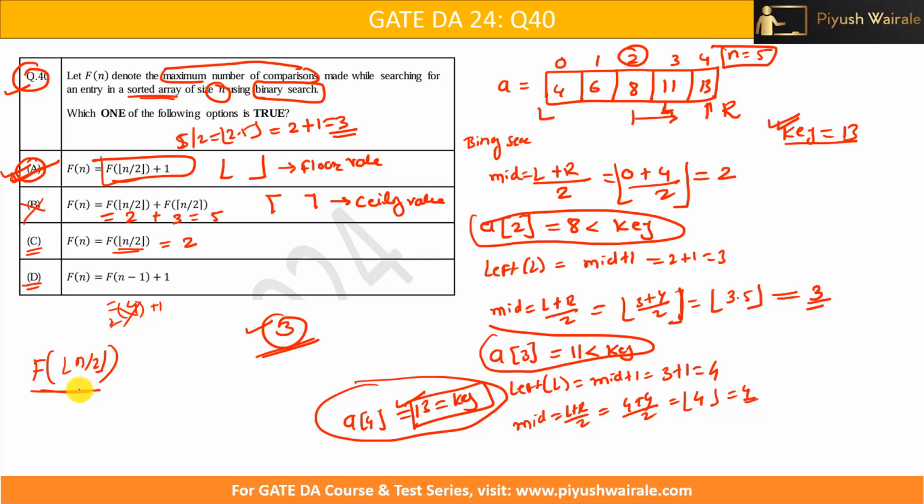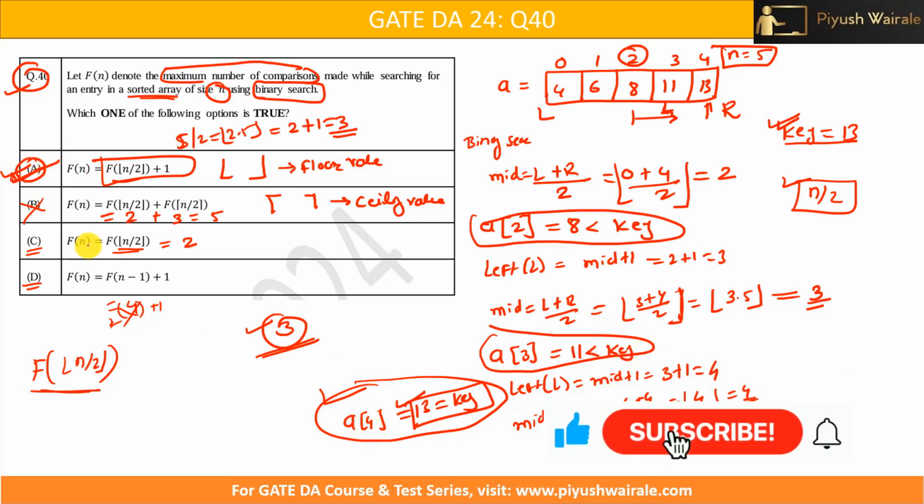So what does this mean? It means that for every comparison, we are comparing n by 2 elements only, right? For the first comparison, we have compared only n by 2. Same thing, right? So we are comparing n by 2 elements only, and then at the last we have plus 1 because we finally got that the targeted value equals that particular element, right?